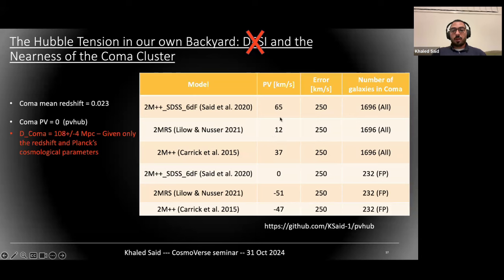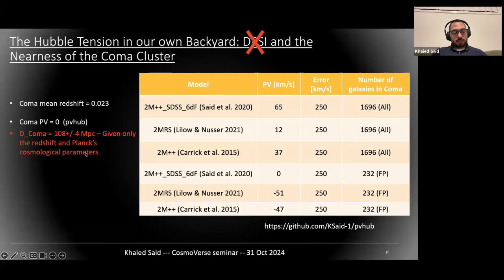And I checked all the reconstructions that I can get for the peculiar velocity in Coma. You can see here, all of them, if I use all galaxies in Coma, the group catalog in Coma, or only the fundamental plane, are all basically consistent with zero. Because the peculiar velocity error is about 250 kilometers per second, all these measurements are consistent with zero.